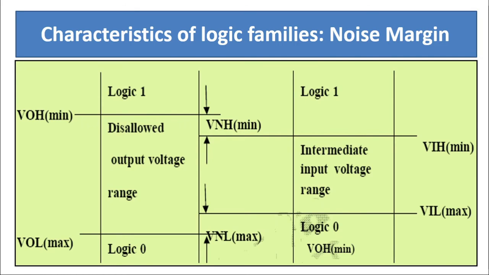You can see VIH minimum as the minimum input voltage which is referred to as logic 1 and VIL max is the maximum input voltage which is referred to as logic 0. So, the difference between VOH minimum and VIH minimum is the noise margin. Similarly, the difference between VOL max and VIL max is also a noise margin.